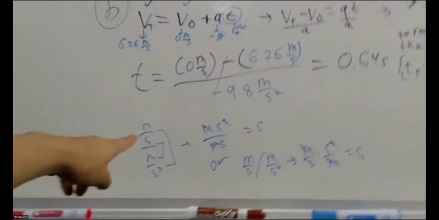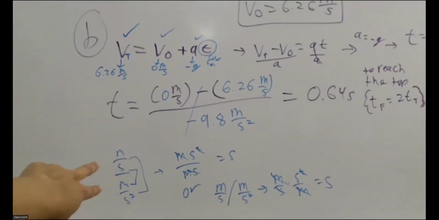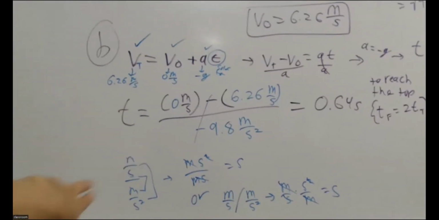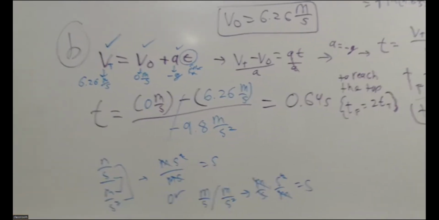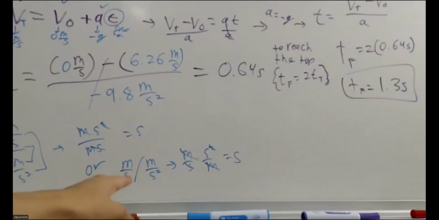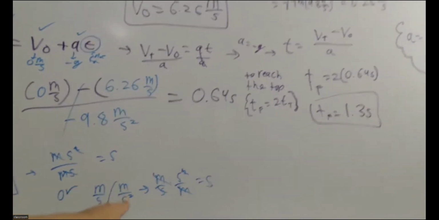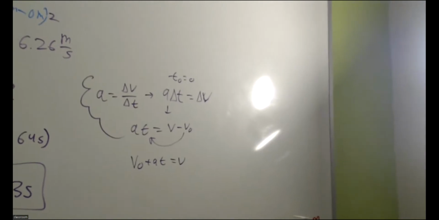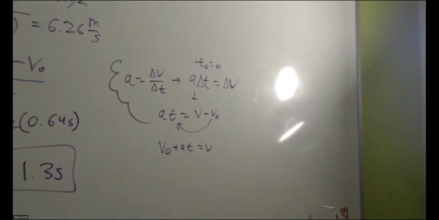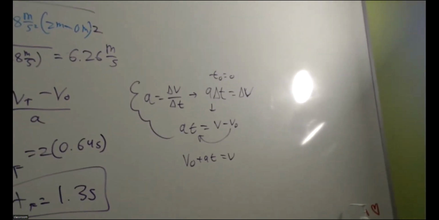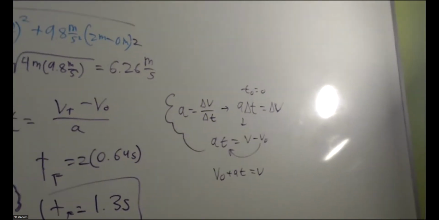This is how I like to do it with the brackets. And then the outer combined with the inner, and then you count up from there. Another way you can do it is you do the inverse of one of them and you count up from there. And that over there is just a reminder that we derived this kinematic equation from the average acceleration equation.